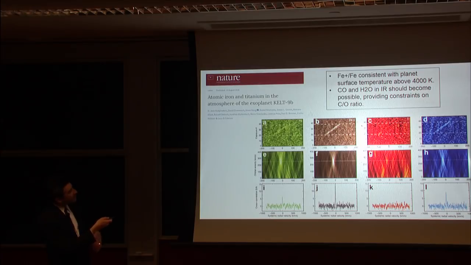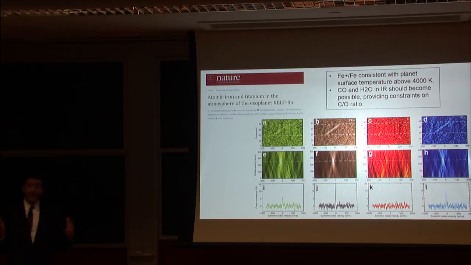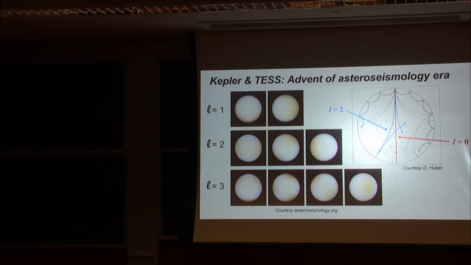So all of this suggests that with JWST, we ought to be able to measure things like CO and water in transit for KELT-9. And then we can begin addressing things like C to O ratios and putting constraints on models of planet formation and assembly and so on. So I'm excited about hot stars with TESS.